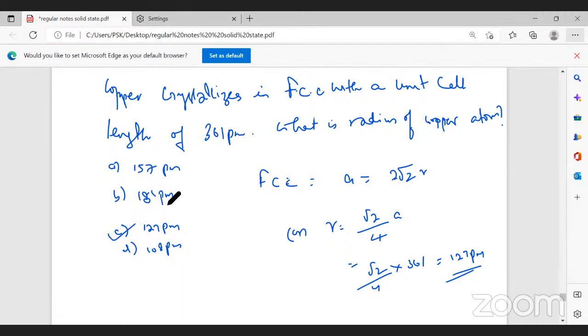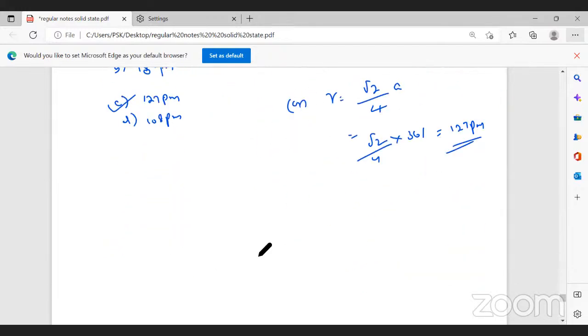Did you understand this? Yes, sir. Can you tell me the relation between the edge length and the radius for simple cubic lattice? For simple cubic lattice, edge length A is equal to 2R. For body-centered cubic lattice, A is equal to 4R by root 3.